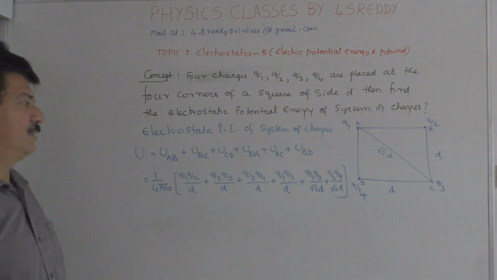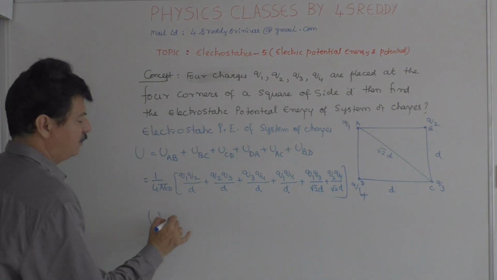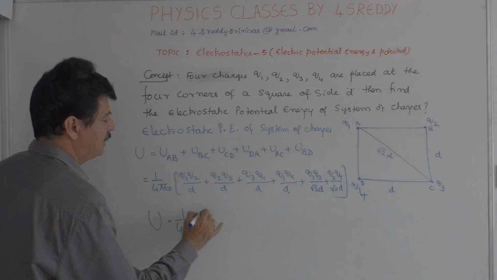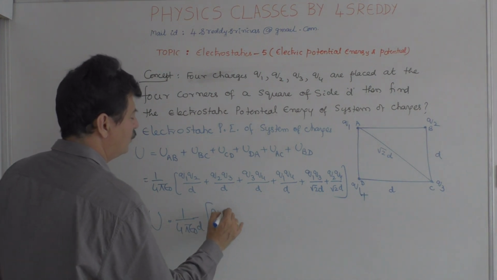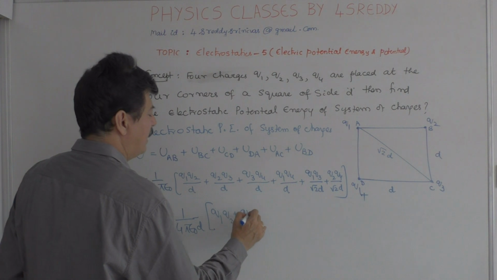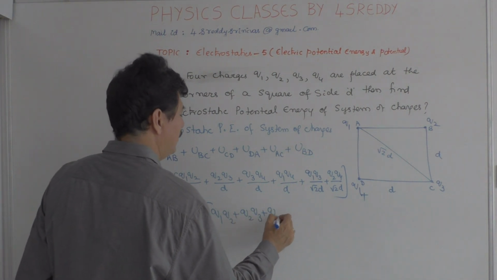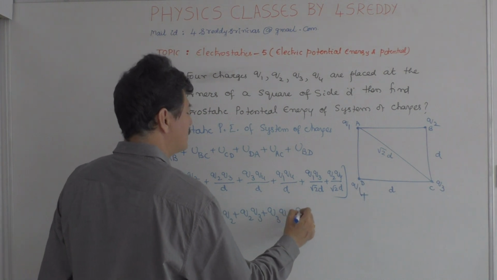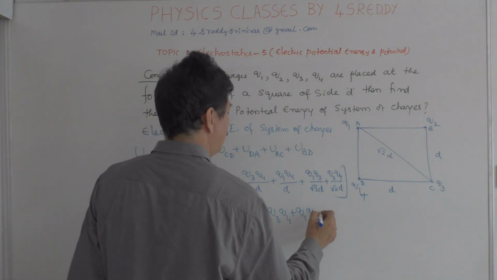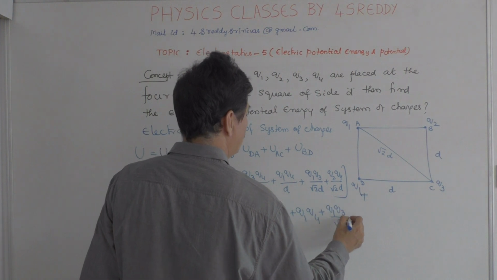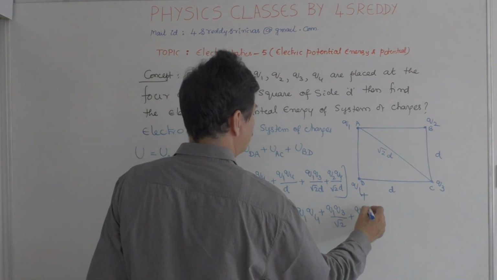These are the 6 terms you are going to get. Therefore, U is equal to 1 by 4 pi epsilon naught D into Q1 Q2 plus Q2 Q3 plus Q3 Q4 plus Q1 Q4 plus Q1 Q3 by root 2 plus Q2 Q4 by root 2.